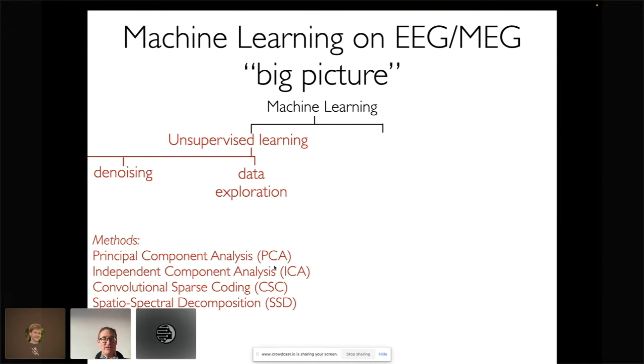The methods behind it are PCA, which I already mentioned in the context of signal subspace projectors, or SSP. But you also have ICA, which I also mentioned, convolutional sparse coding, which I will illustrate in the next few slides, and many others, for example SSD, spatial spectral decomposition.